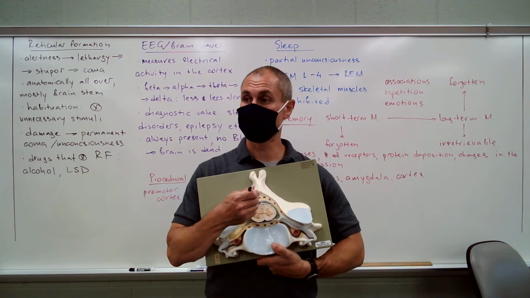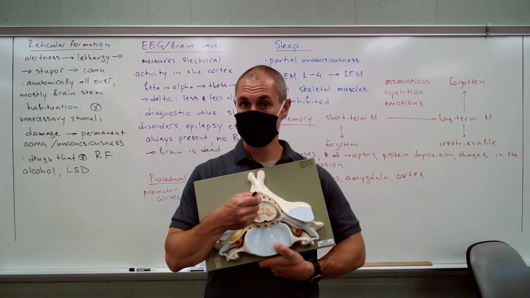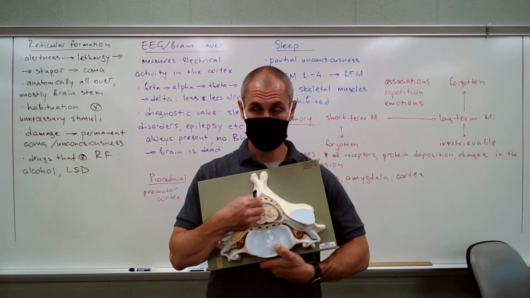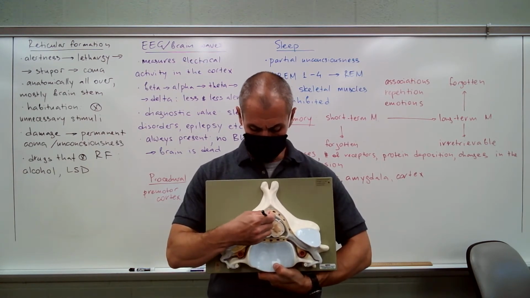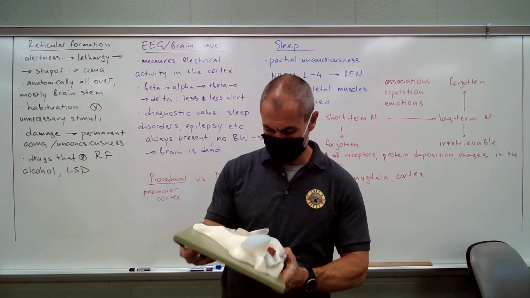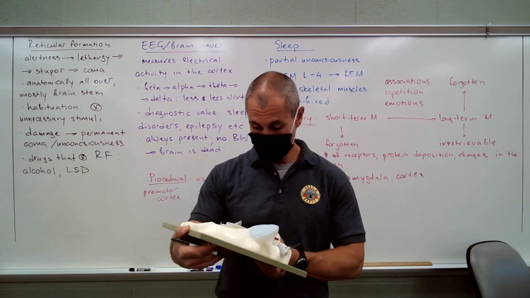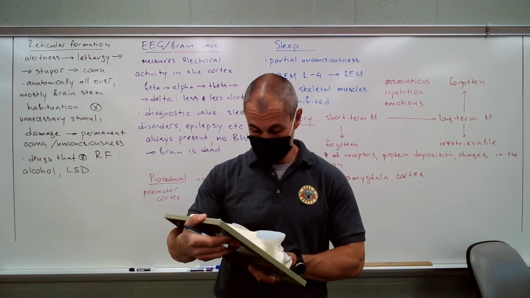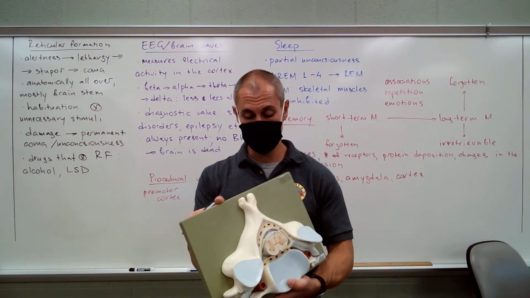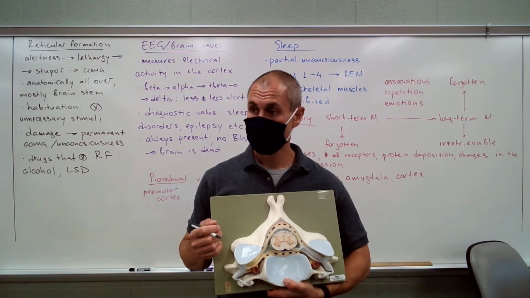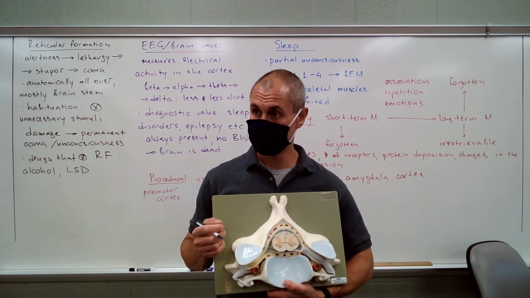This is where the cerebrospinal fluid circulates around your spinal cord. Okay? This gray layer, that's probably numbered, I guess, 28, I suppose, 28. That's pia mater. You good so far?